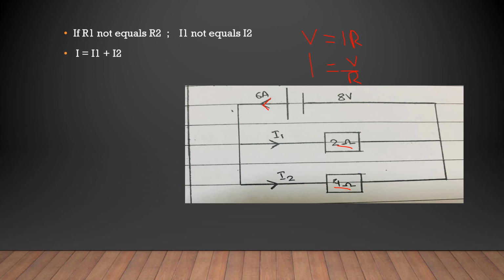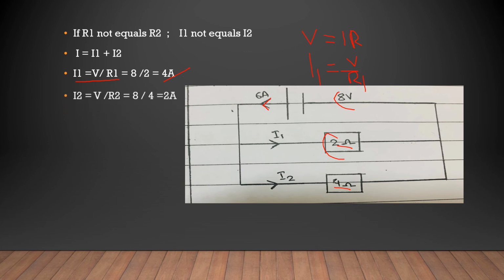The total current I is equal to I1 plus I2. How can we find out I1? I1 is equal to V divided by R1, because V is not changing. For a parallel circuit, V is the same. Only the values of resistance R1 and R2 are changing. Here it is given V is 8 volt. So 8 divided by R1, which is 2, so I1 is 4 ampere.